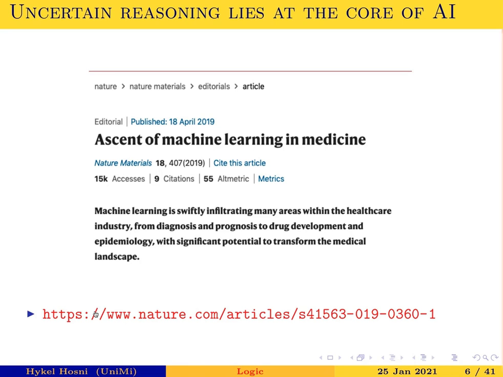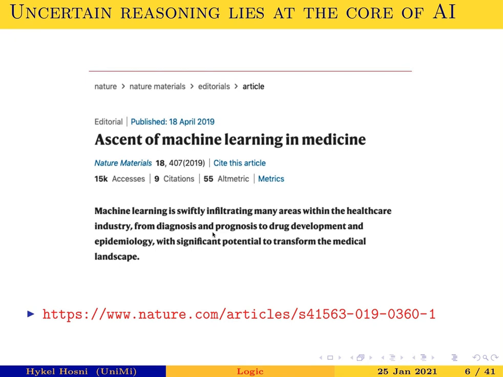We're not going to do machine learning, but of course what we're going to do is what machine learning is based on, at least conceptually. So it's interesting to have a look at the abstract. Machine learning is swiftly infiltrating many areas within the healthcare industry, from diagnosis to prognosis to drug development, epidemiology, right, with significant potential to transform the medical landscape. So there are bold statements in here, right?